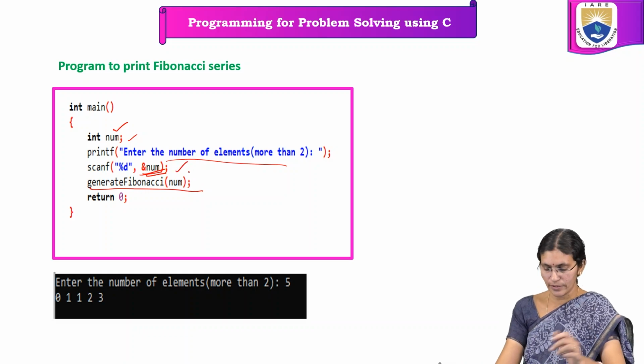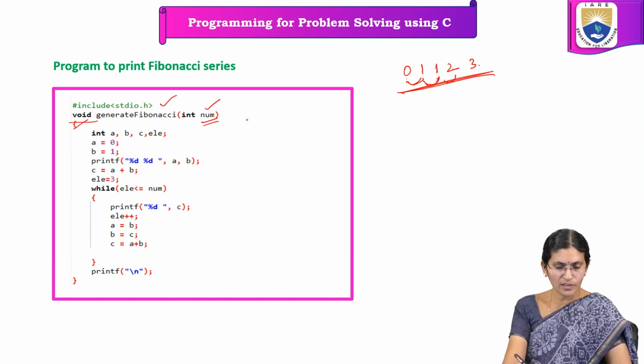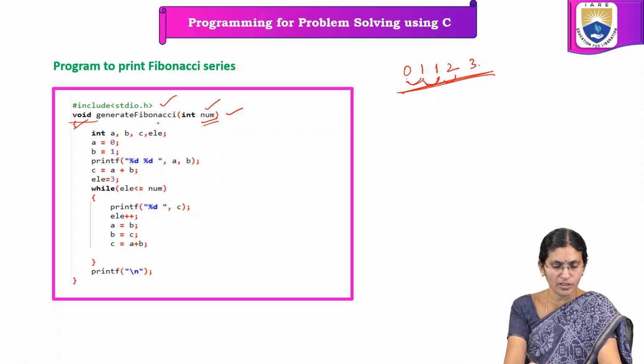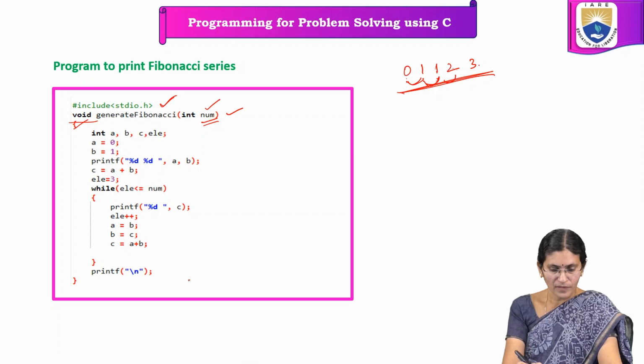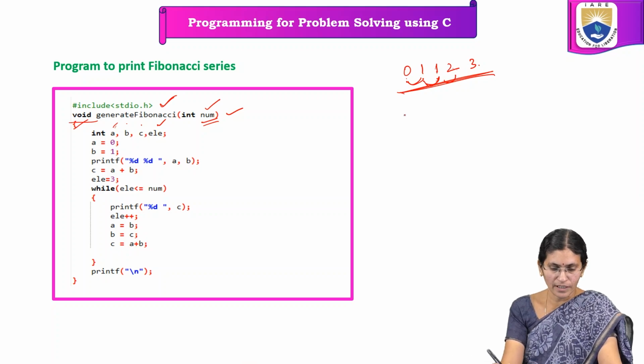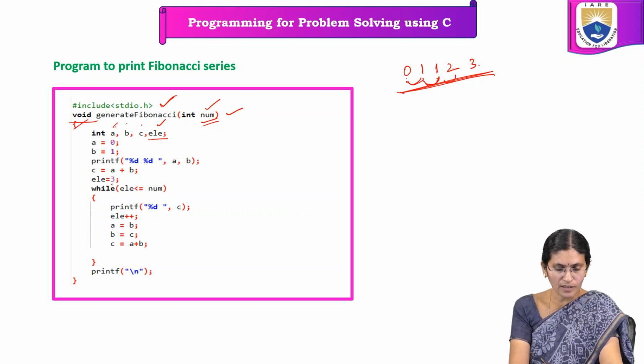The num value is passed here, so control is transferred to this. Here we have directly written the function definition after the header file, therefore there is no need of a function prototype. Inside the function, we have declared three integer variables a, b, c, and one more integer variable ELE.